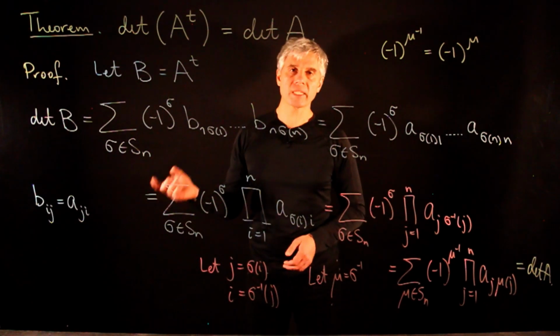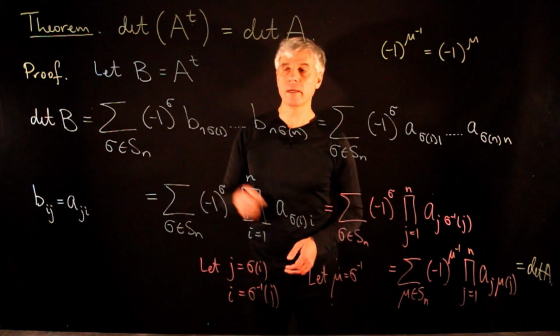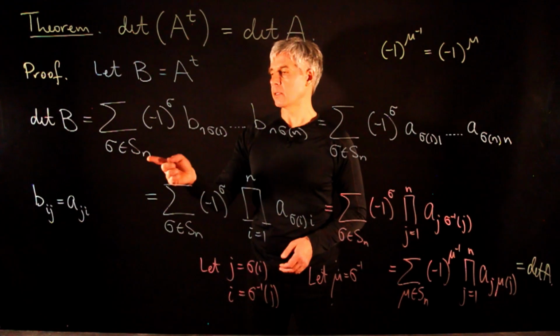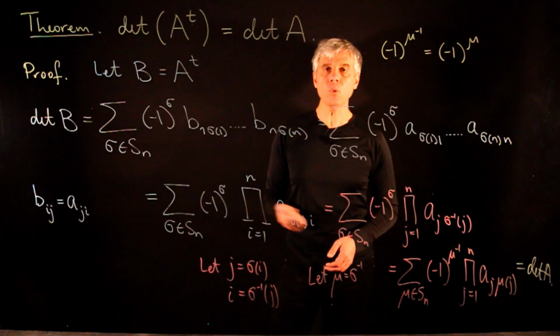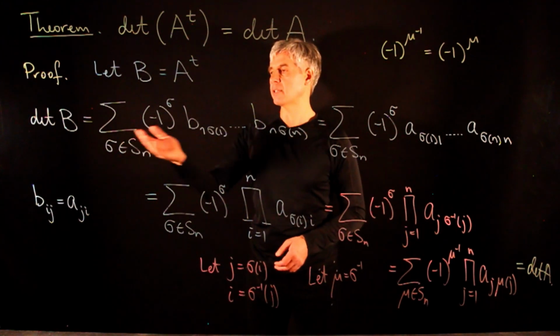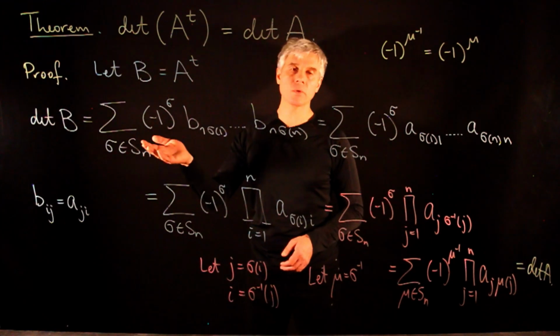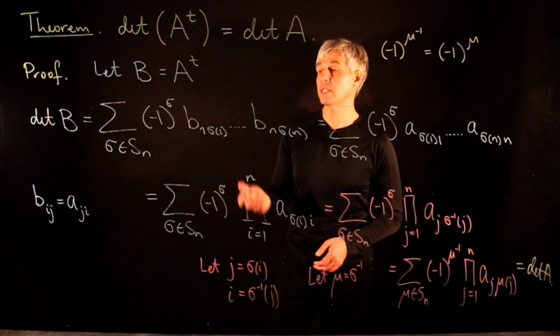We use this formula as a computational tool only for n equals 2 or 3. For n equals 4, 4 factorial is equal to 24, and this is already not very practical. We'll have a sum of 24 terms. And for n equals 5, this sum will contain 120 terms.